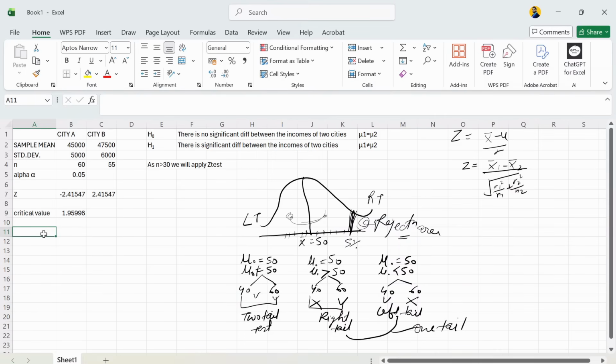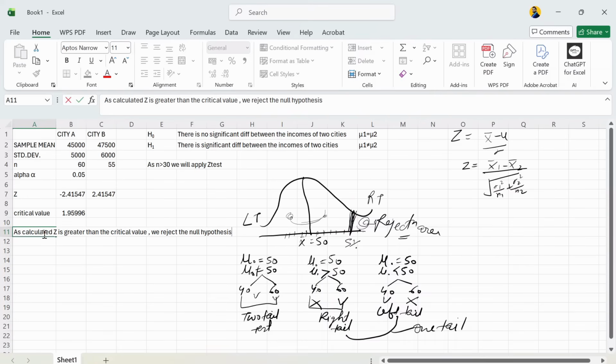First we will write down the statement: calculated Z is greater than the critical value, we reject the null hypothesis, right?